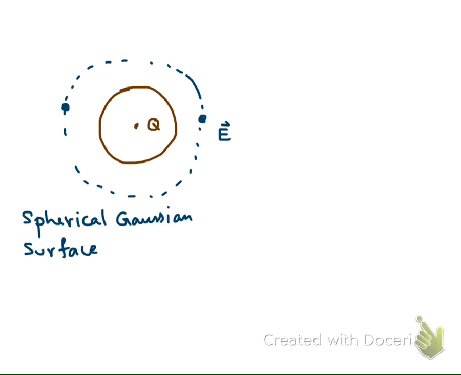So it means that we should have the spherical symmetry, and from this symmetry we can expect at least two things.